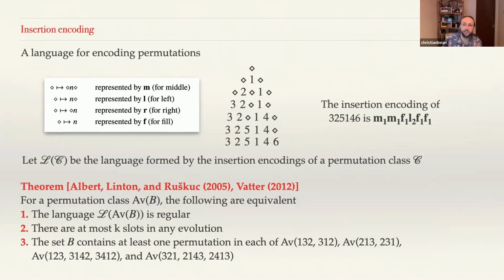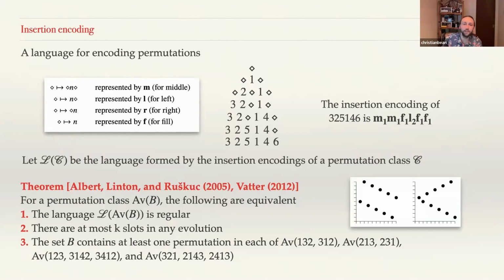And all those classes are really a fancy way of saying the permutations that look like some increasing over increasing, or maybe an increasing over decreasing, or all 4 of those combinations. In particular, that gives me a really nice, easy linear time check for saying whether or not a permutation class has a regular insertion encoding.